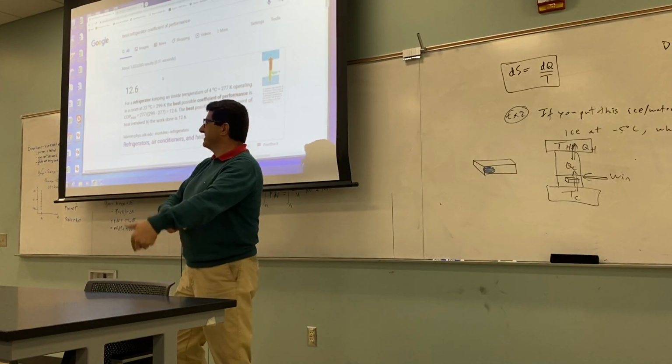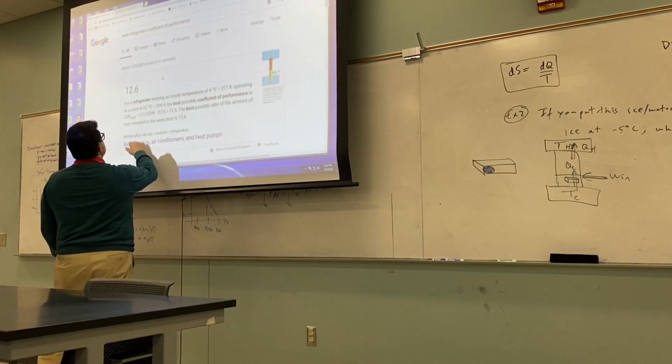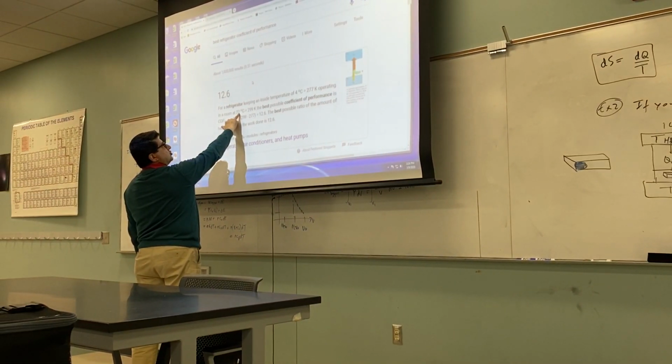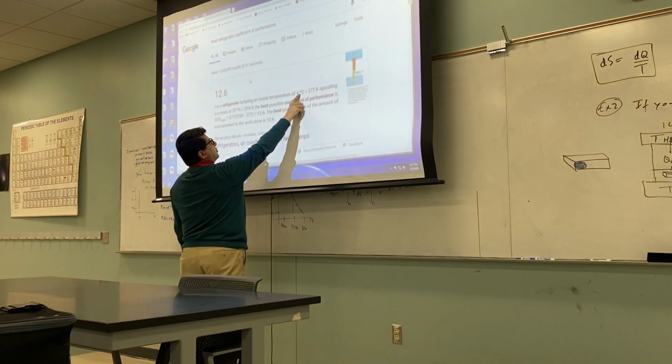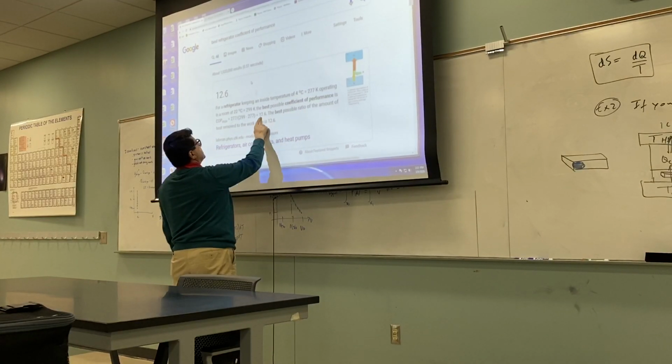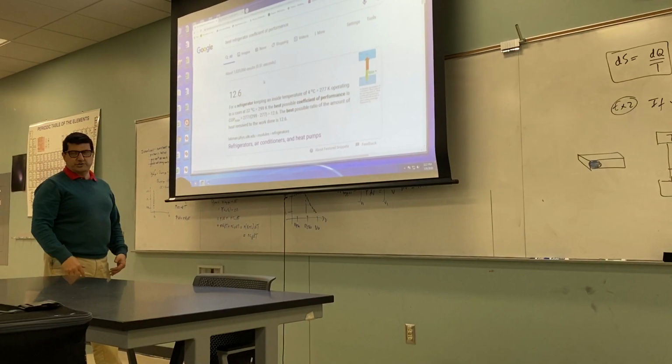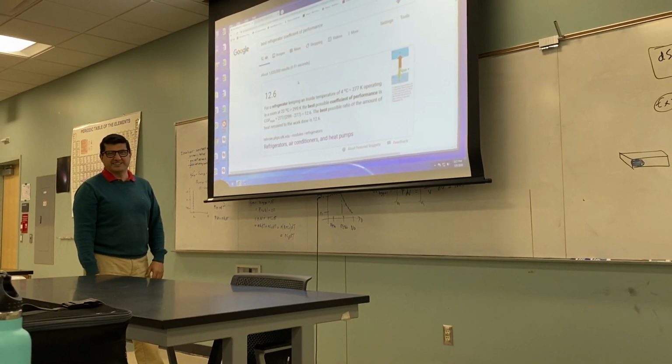So it's like a cycle and it still kills you. So they're saying the best you can do if the outside is 22 and the inside is 4 is a coefficient of performance of 12.6. You see? So that in and of itself would limit you.